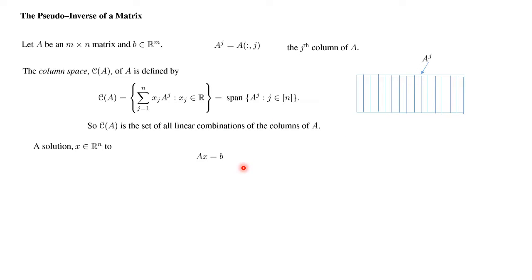So if we're looking for a solution X to AX equal to B, this is what we're looking for. It's a vector, a list, x1 to xn, and that combination of these columns gets to be B. So x1 a1 plus x2 a2, and so on. That combination of these columns actually equals B. And that means that B must be in the span of all of those columns.